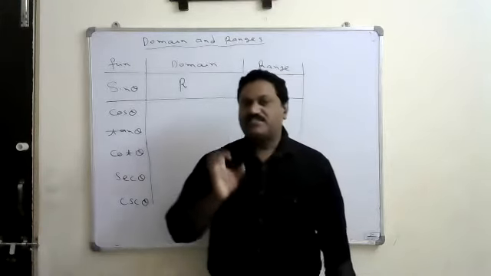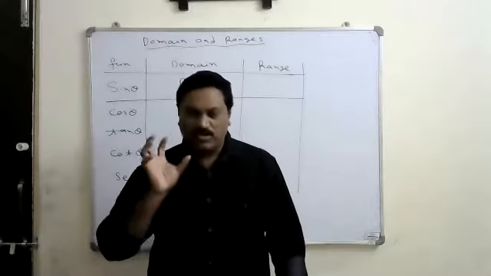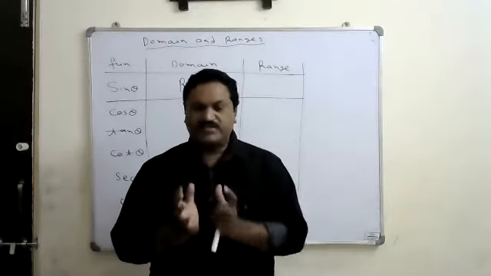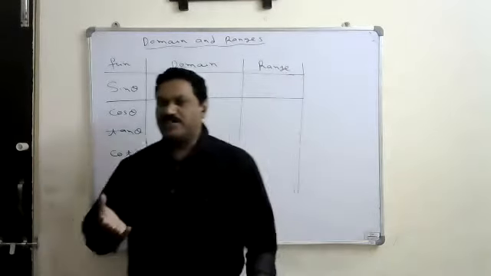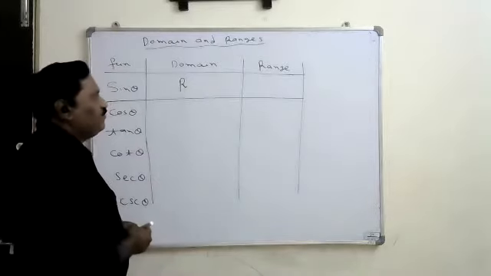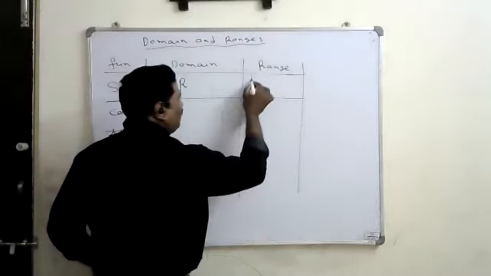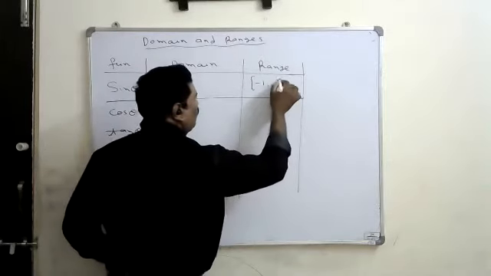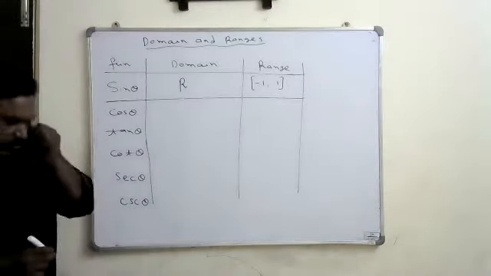So sine is always a bounded function. It always gives a value between -1 and 1, within that interval only. That's why for all values of theta, sine is defined. So it gives a value between -1 and 1. That is called the range of sine theta, that is, closed bracket -1 comma 1. Okay, that is the range.